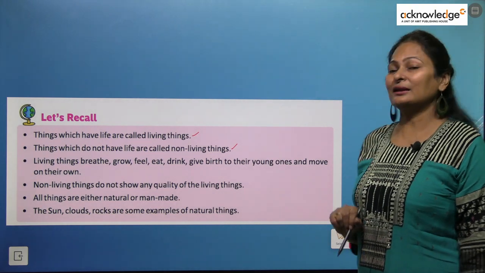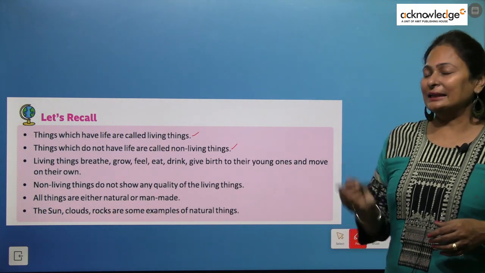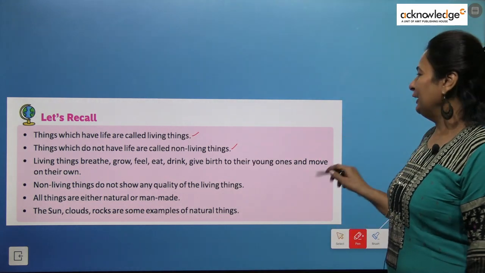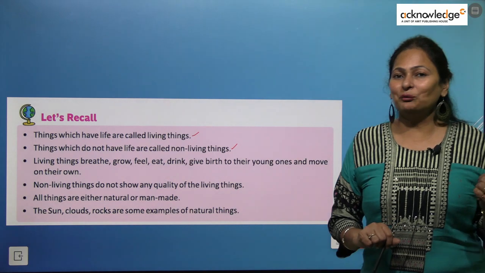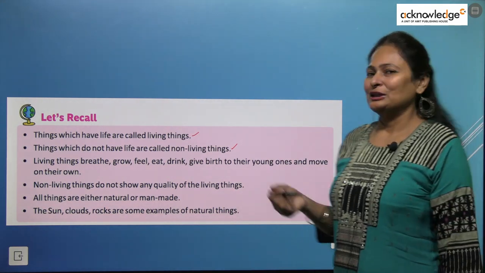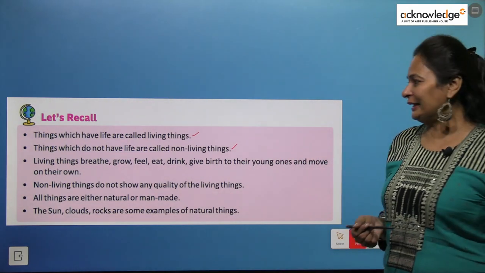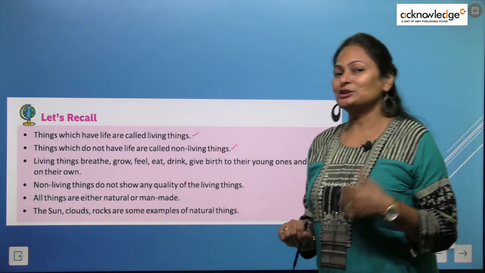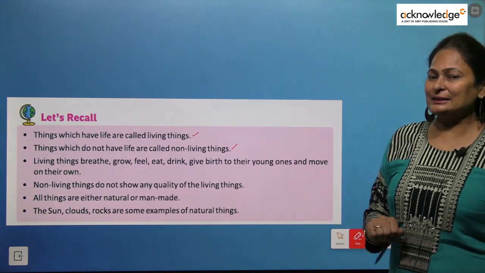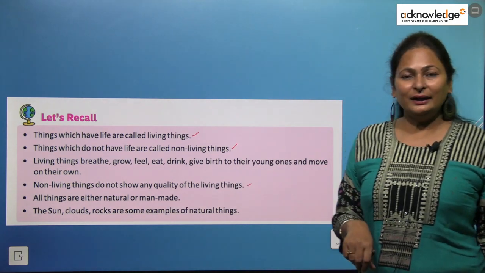Living things breathe, grow, feel, eat, drink, give birth to their young ones, and they can move on their own from one place to another. So, we have discussed the characteristics of living things. Non-living things do not show any quality out of these given qualities. They are non-living things.